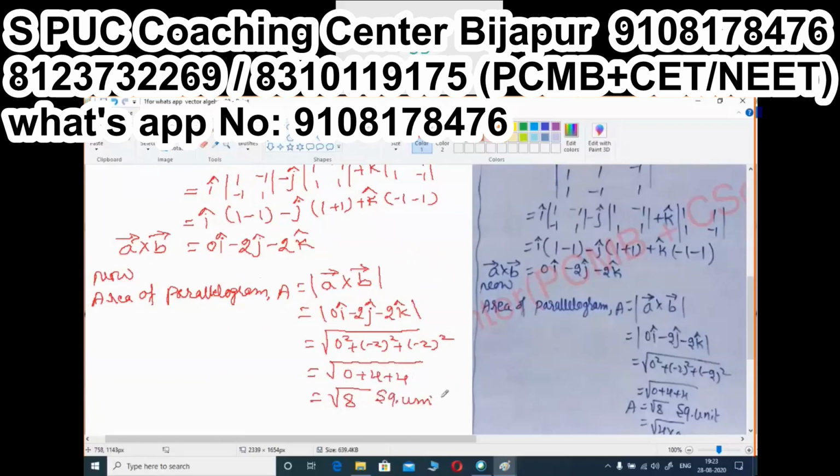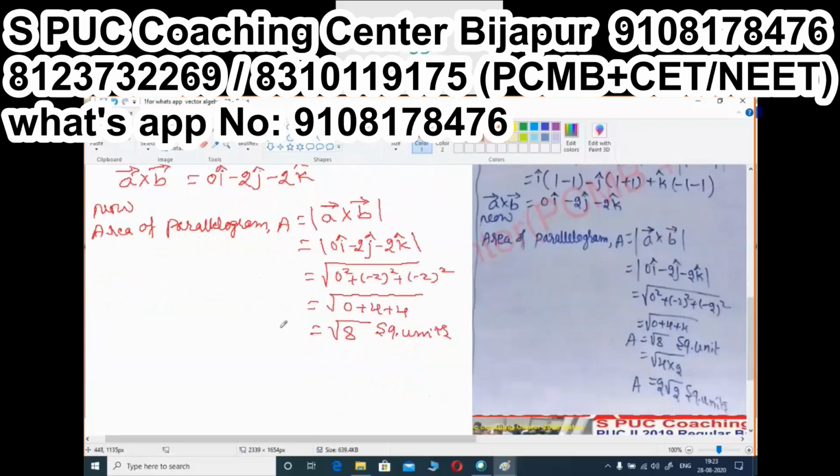If you would like to simplify, root 8 can be written as root of 4 into 2, that is going to come out as 2 root 2 square units. In this way also you can write, no problem at all.